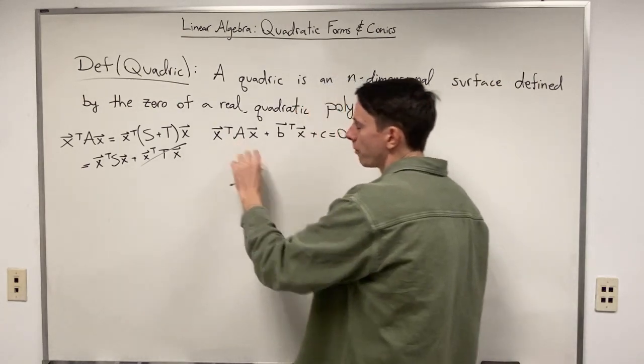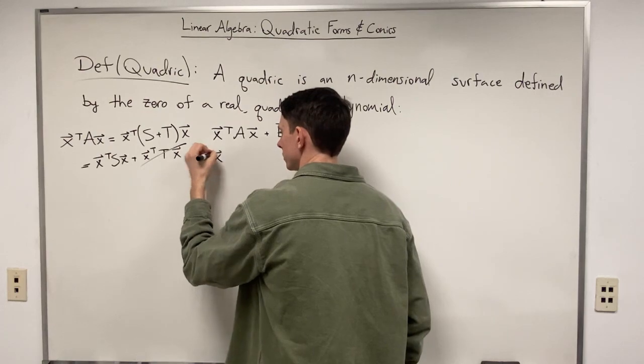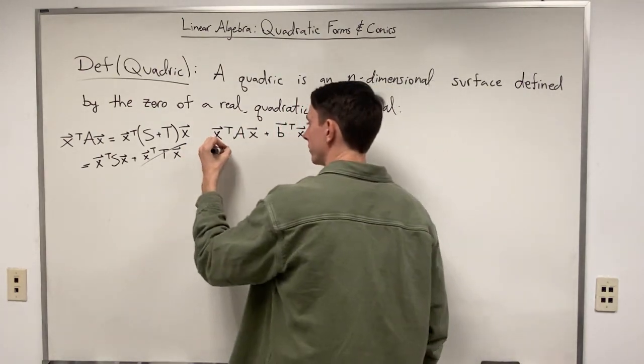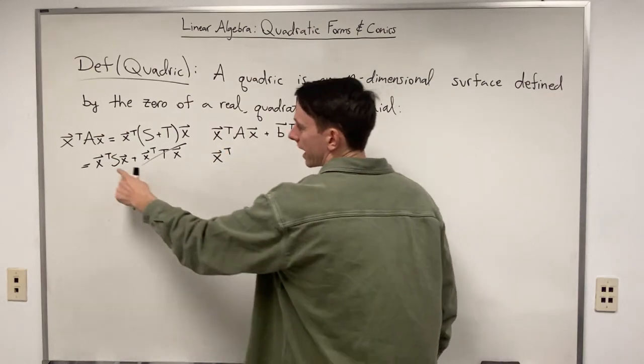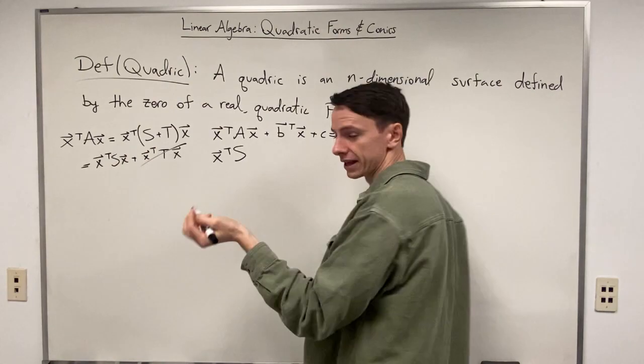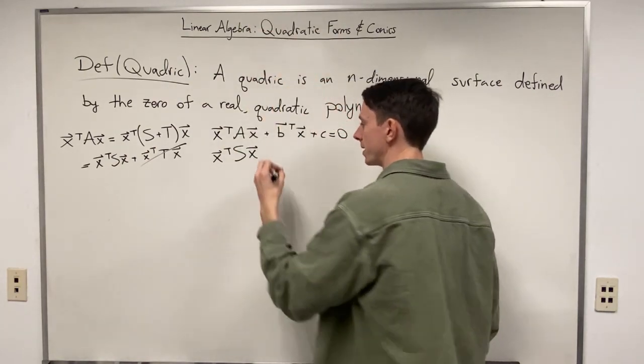So now this term that's quadratic in x is a quadratic form. I'm going to have x transpose, a real and symmetric matrix right here, hence what makes it a quadratic form, times x. And then the same remaining equation, right?